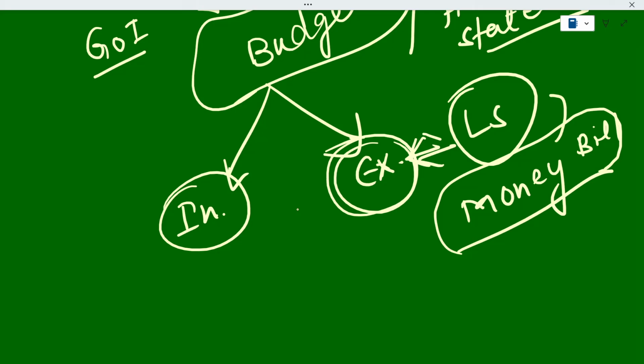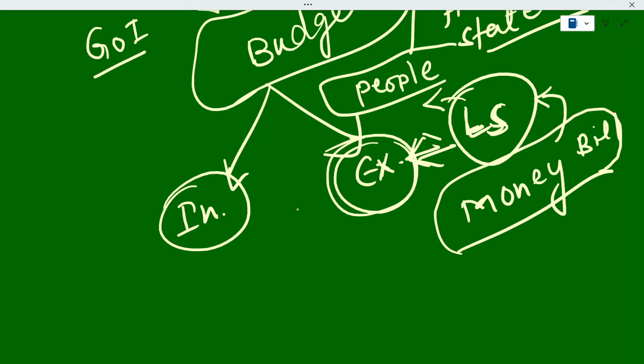And money bills are the sole power of Lok Sabha, because Lok Sabha members, the parliamentarians of the lower house, are directly elected by people. So in a way, the financial management is directly accountable to people. That is one possible reason. Then in order to make the expenditure, Lok Sabha has to take the approval of Parliament.